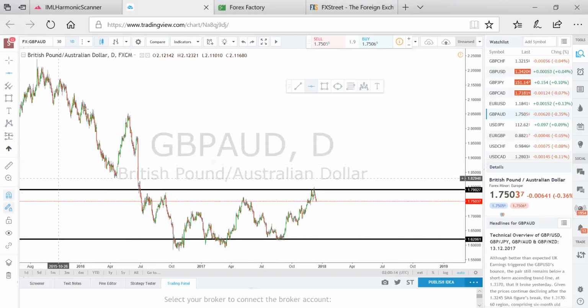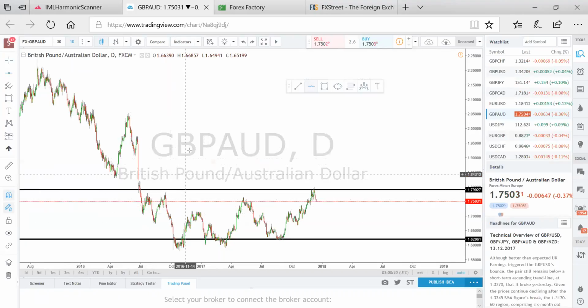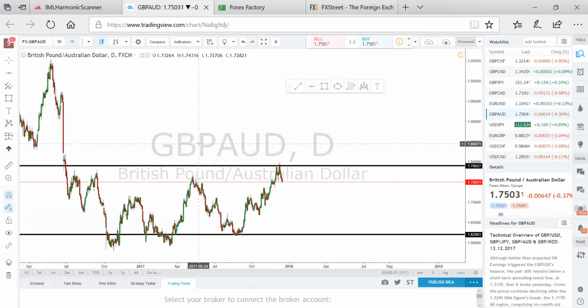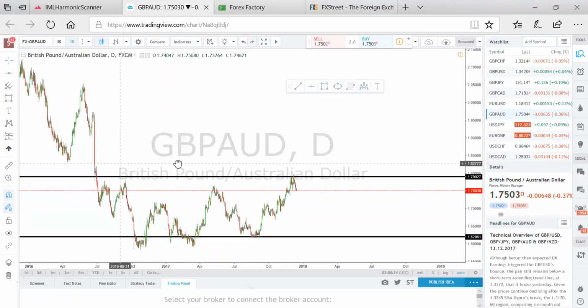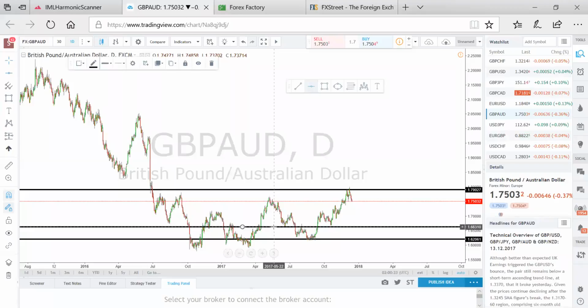But I'm watching this. Again, I'm just looking for support and resistance right now. Because if you watch, this was a little resistance here.